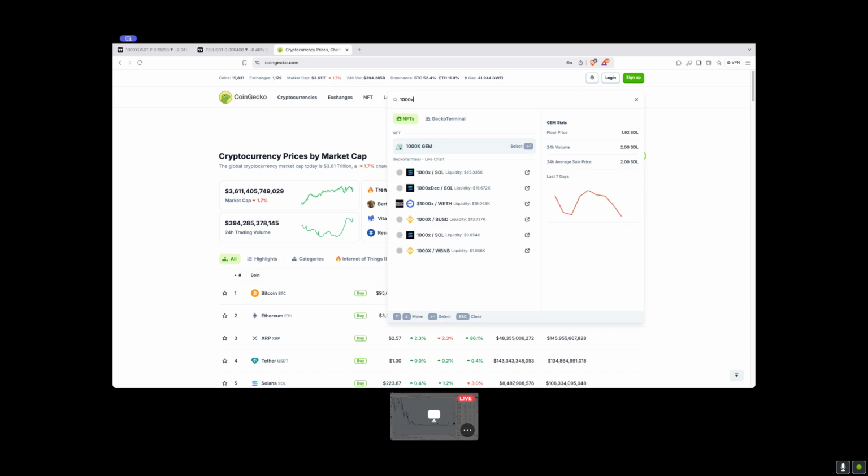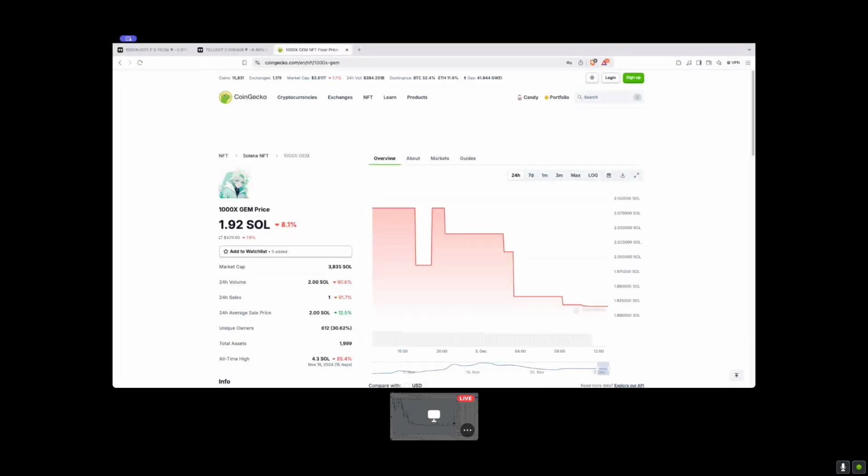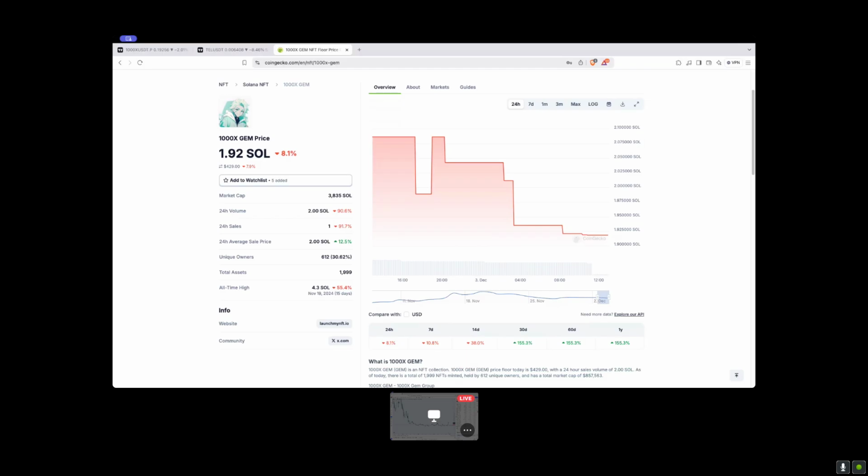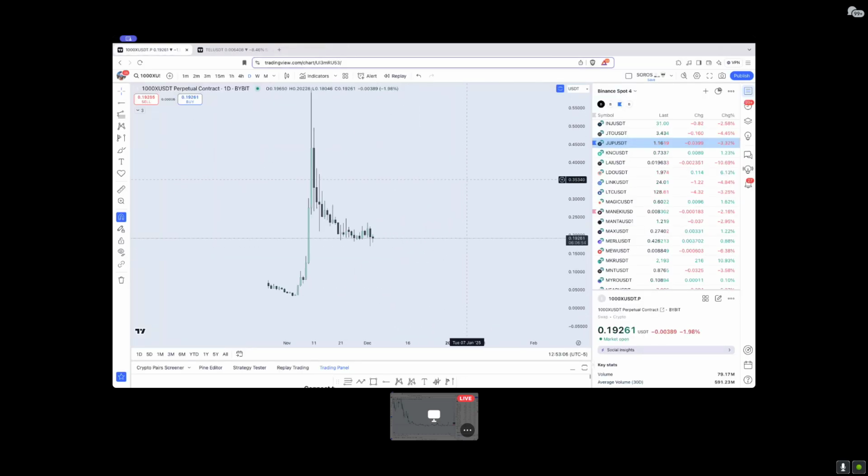Bet you it doesn't even have a CoinGecko. Oh, it does. No, it doesn't. Unless that's it. 1000x gem? Is that it? Can't be it. No, no. This is 90% down.